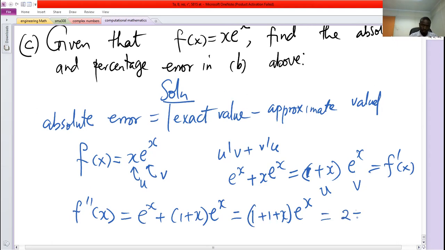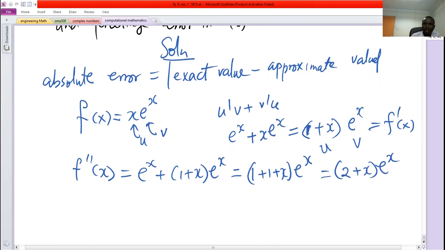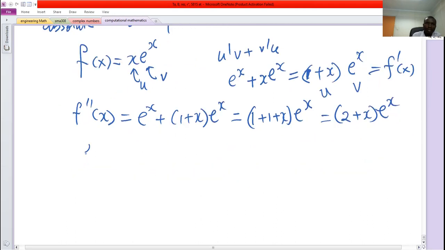that's what we have. So that when we have to find the derivative at 2.6, we'll just replace where there's x by 2.6, e raised power 2.6.